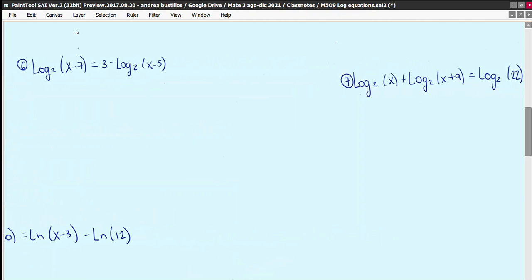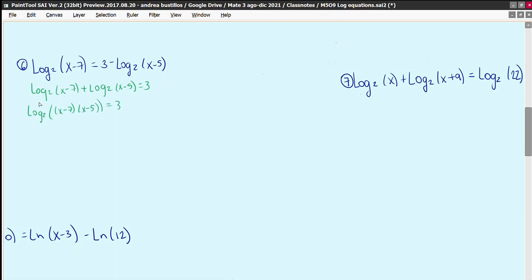Next one. I have a logarithm here, a logarithm there. So remember, all my logarithms have to be on one side of my equation. This is positive, so it passes to the other side, adding. These two logarithms are adding each other, so I can condense them as a product of their arguments.